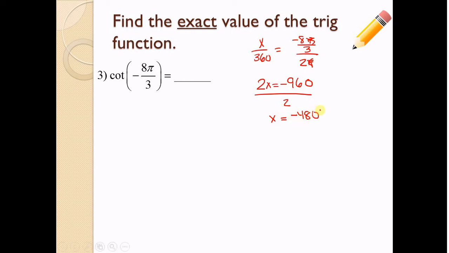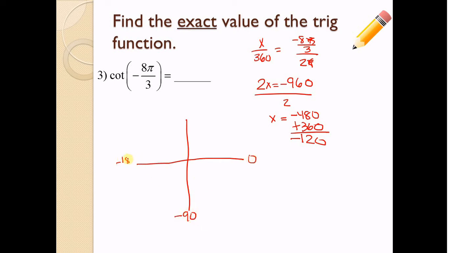Now, negative 480, that's more than 360. So what I recommend to actually find the angle you need to draw, I would add 360 on. So that's going to give me a negative 120, right? That's going to be a little easier to draw. I can find a negative 120. So 0, negative 90, negative 180, negative 270.